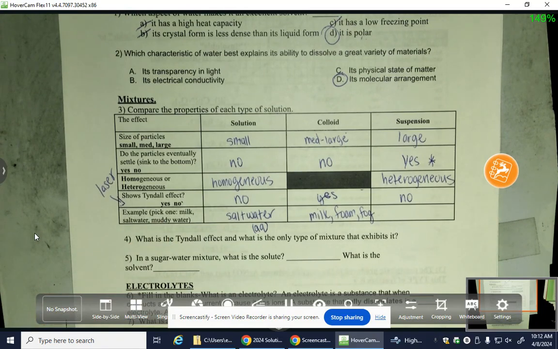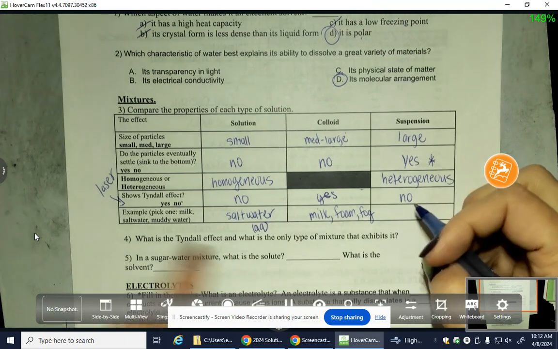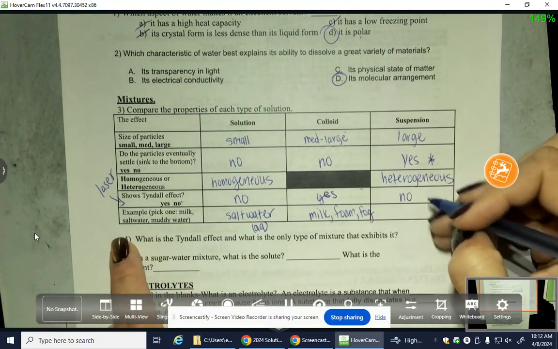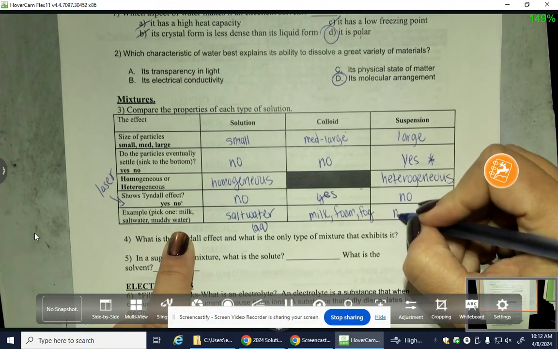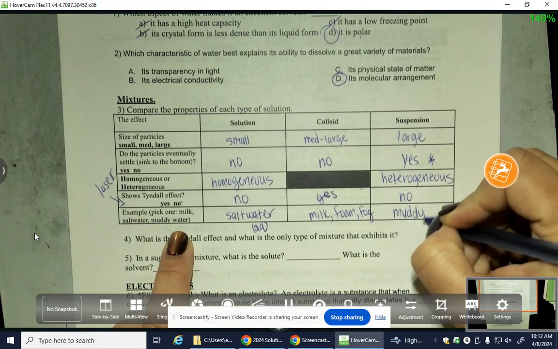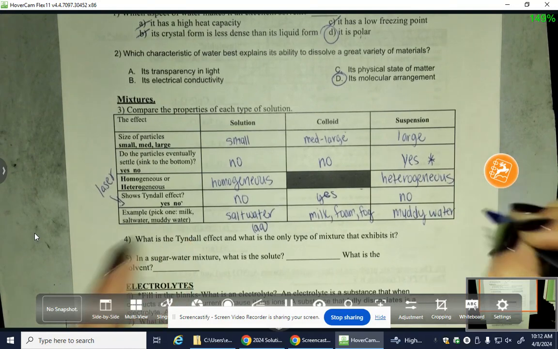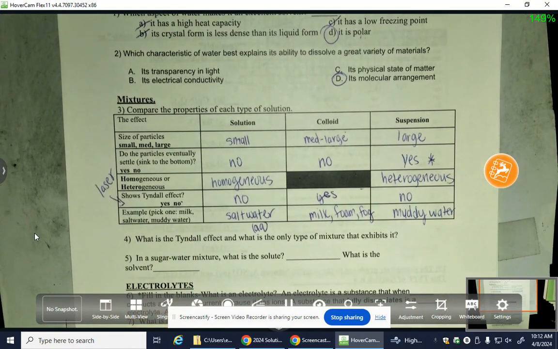So we go ahead and say no. All right, it's not the way to determine if it's a colloid or not. So, or it doesn't pass that test. There you go. So this one would be our muddy water. Remember, we also talked about anything that has pulp and you have to shake in order for it to go back into its liquid form.